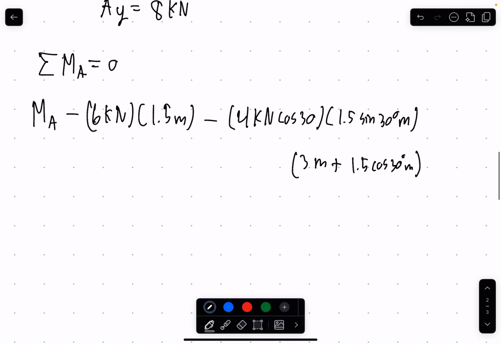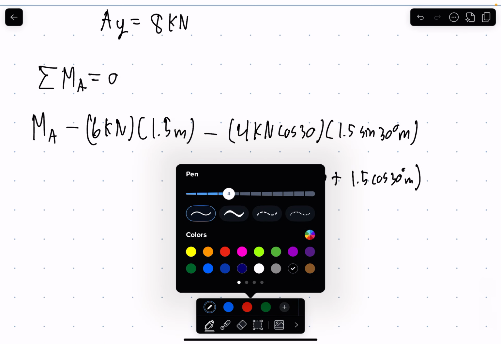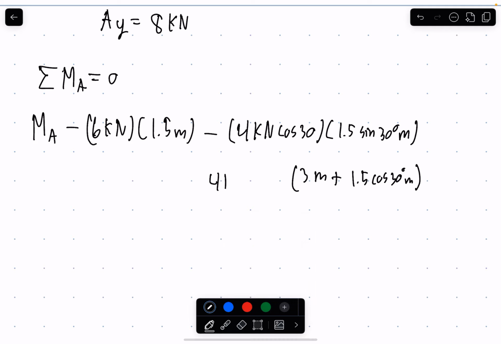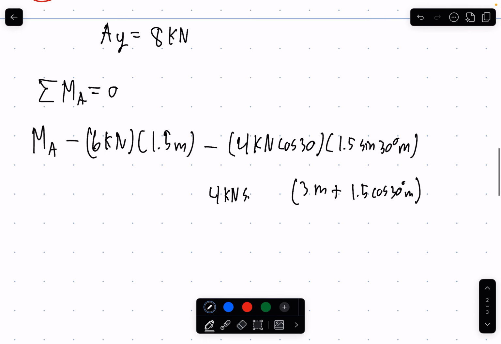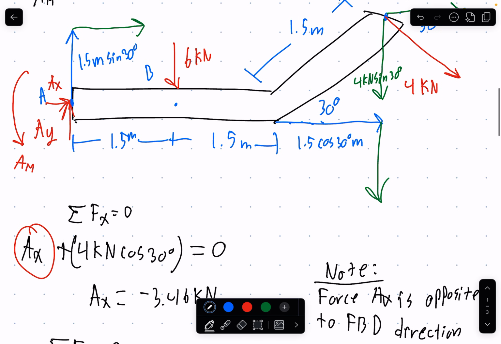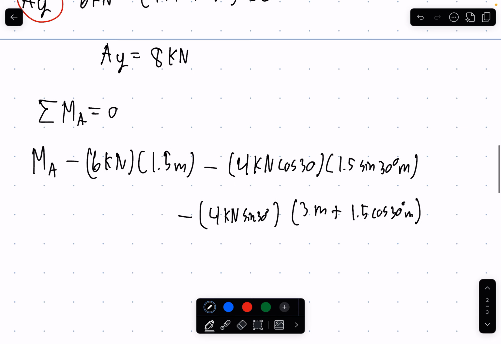And we also know that's going to be 4 kilonewton sine 30 degrees. That would be our force. If we can see, this is also going to be a negative moment right here. I'm going to set that equal to 0.